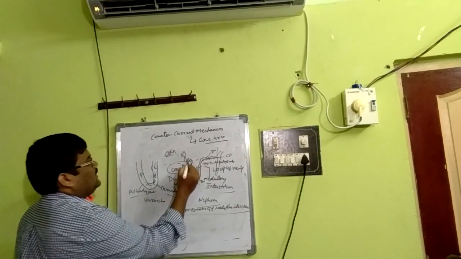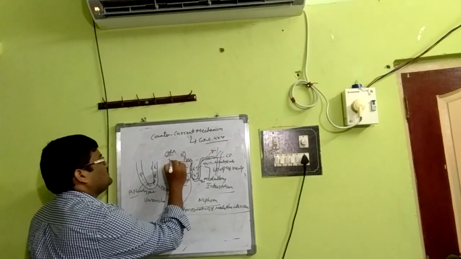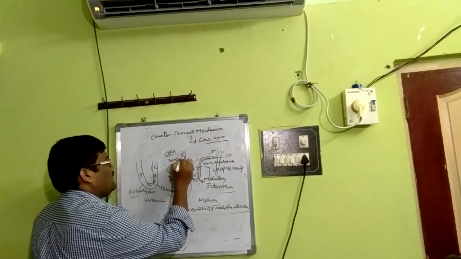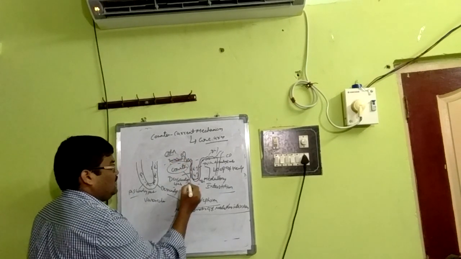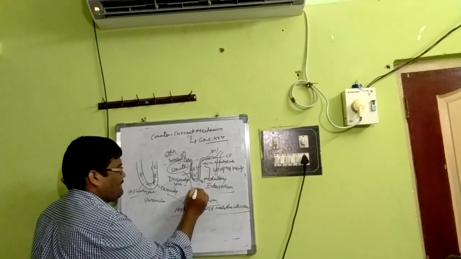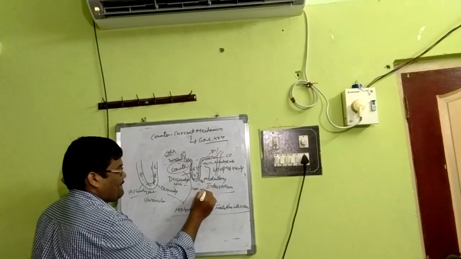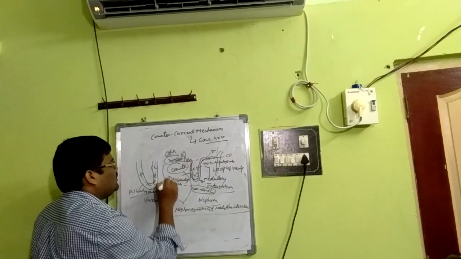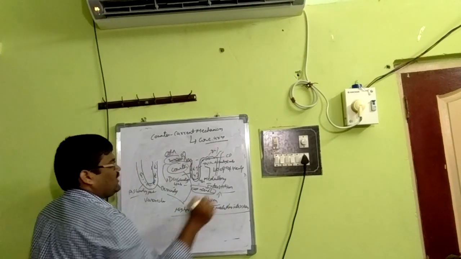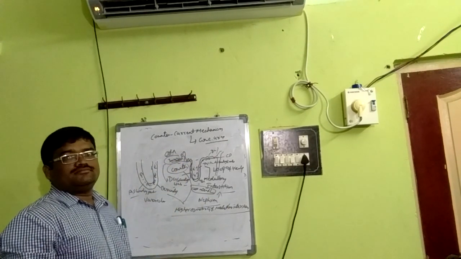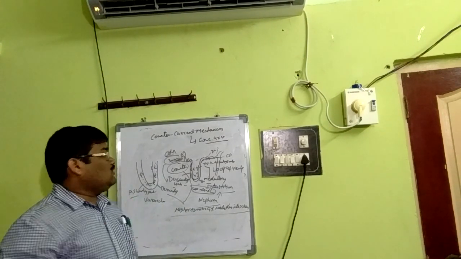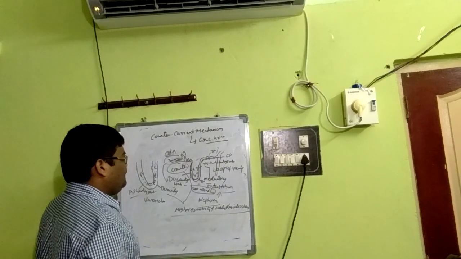For example, in cortex it is 300 osmolarity, but in medulla it is 1200 osmolarity. That means from 300 to 1200 there is a rise. How this happens? This is very much important in understanding concentrated urine.